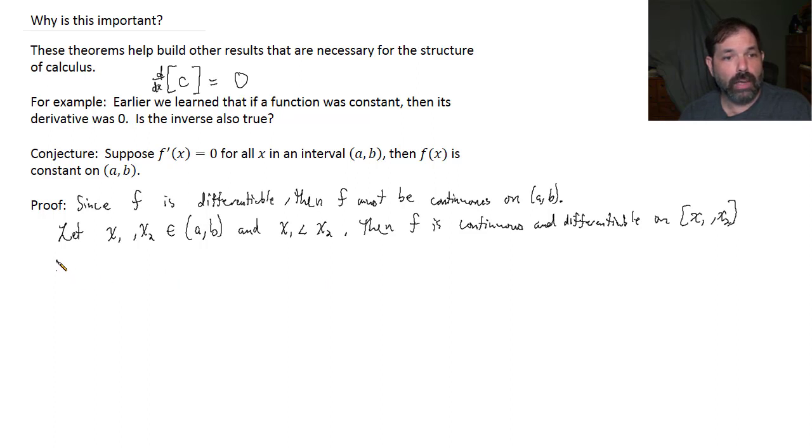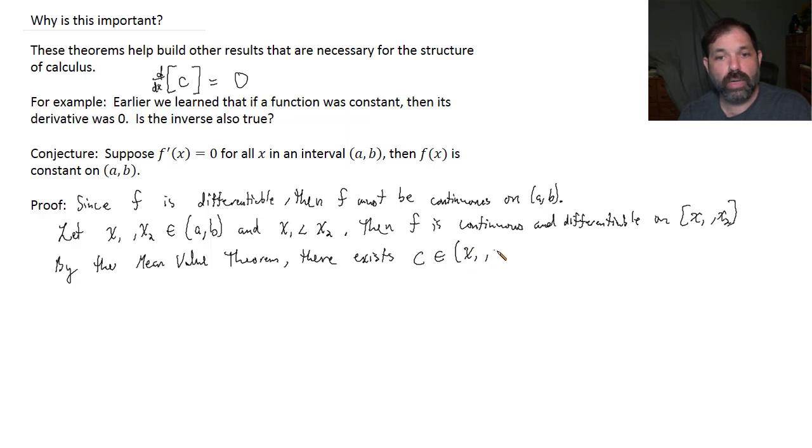So, by the mean value theorem, there exists c in the open interval x1 to x2, such that f prime at c must be equal to f of x2 minus f of x1 over x2 minus x1.